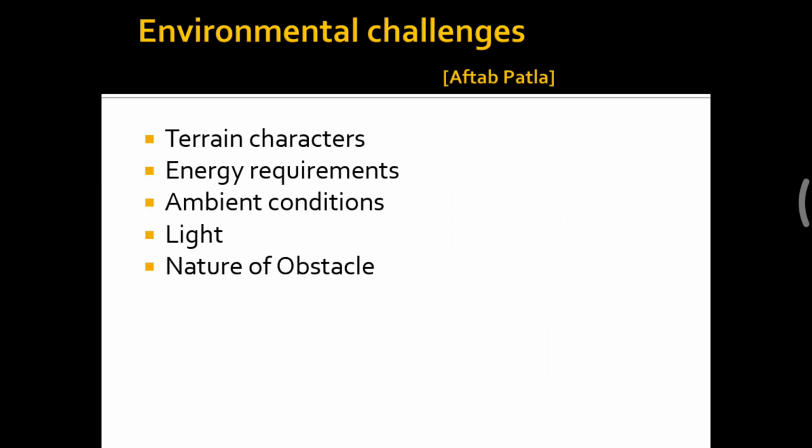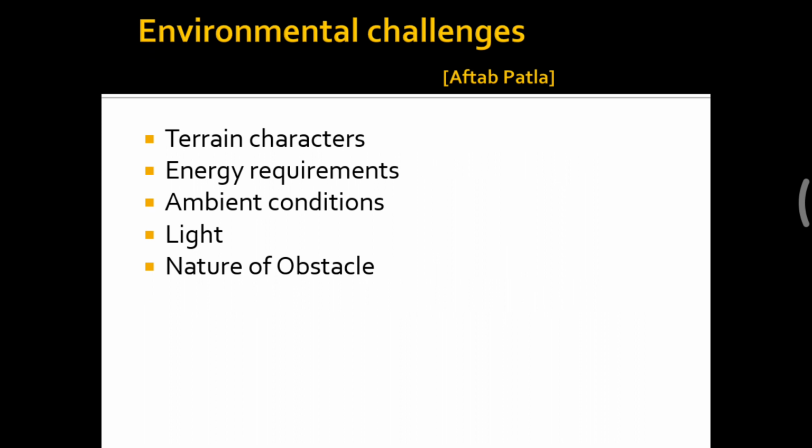Right. So what are these challenges given by the environment which make us change the pattern of walking? After Patla, in the earlier part of the century, he has told that there are different challenges given by the environment, and some of them could be terrain characteristics. When I say terrain characteristics, the surface on which you walk might be smooth, might be regular, or it might have a lot of stones.